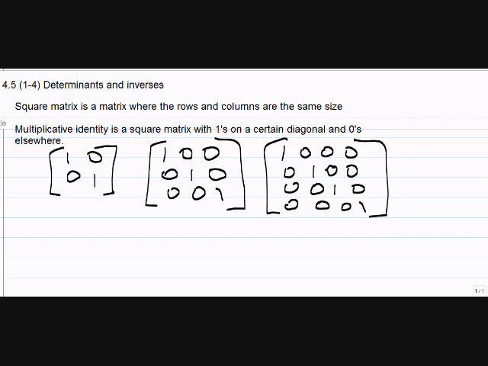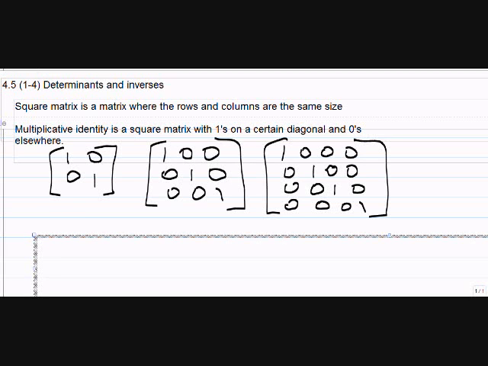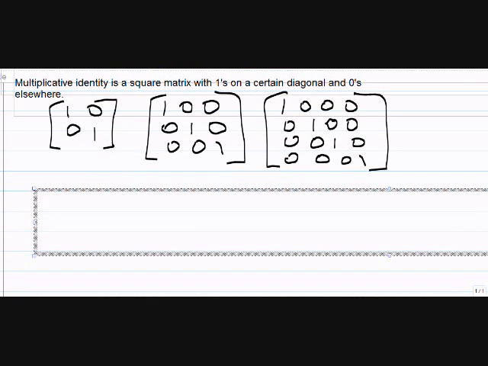Okay. And why are those important? Because a matrix multiplied by its inverse, a new word that's going to be very important, is the multiplicative identity.